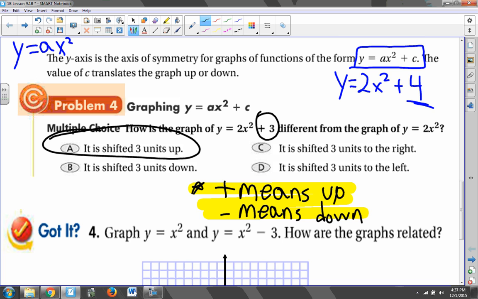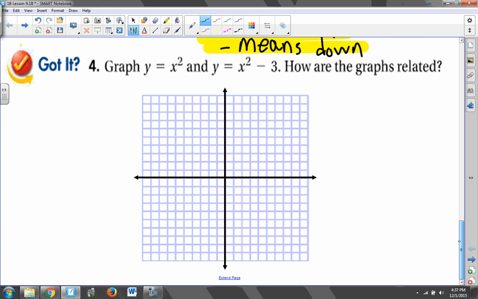Now, I would like you to try these two graphs. I want you to graph both of these. I want you to make 2 graphs on the same grid, really, on the same piece of graph paper, and relate the 2 graphs. So make a table of values, x and y, for this equation.